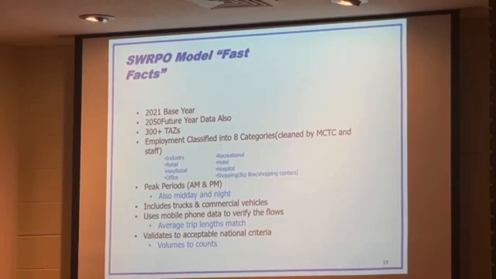We try to model the traffic on peak periods like AM and PM, and we also consider trucks and commercial vehicles in our model. We also use mobile phone data available from vendors to verify the traffic flow, and we are trying to maintain the standards that are available in the industry.